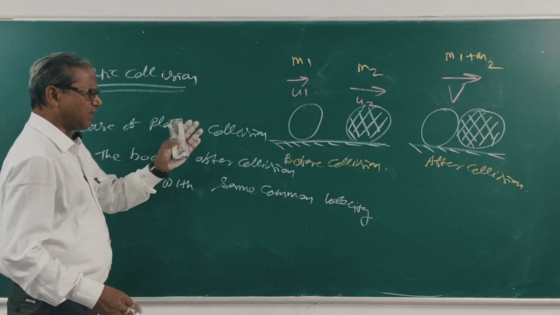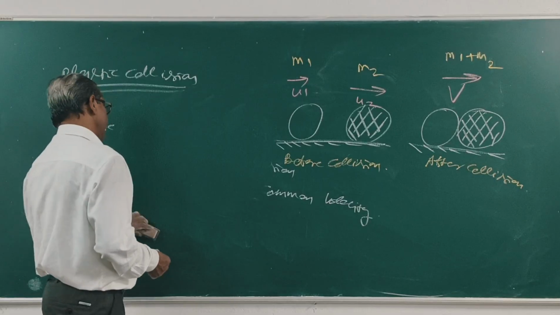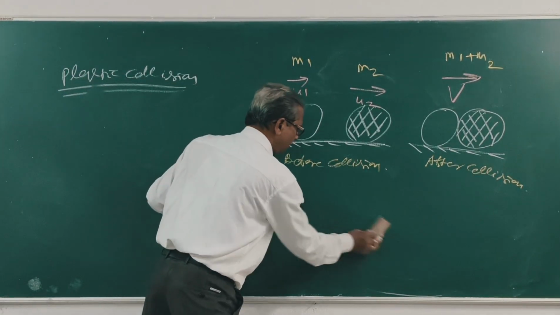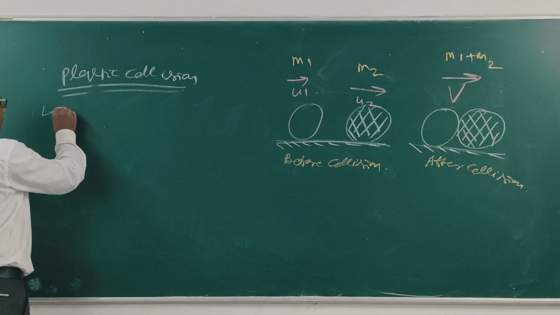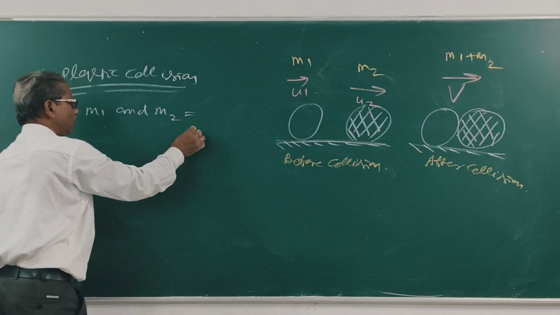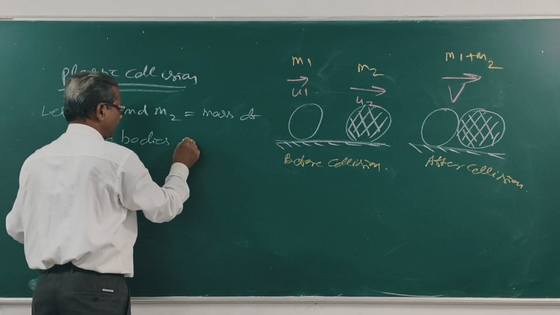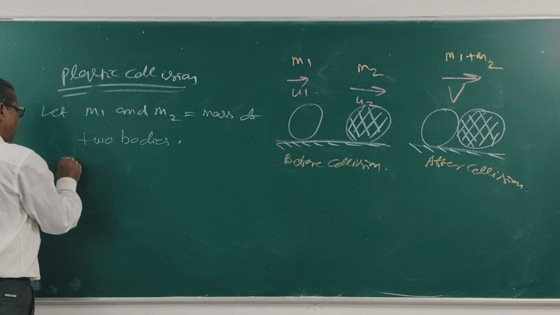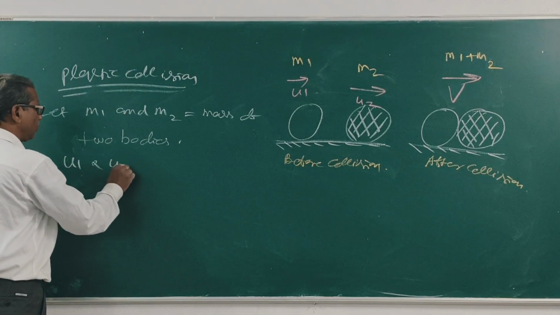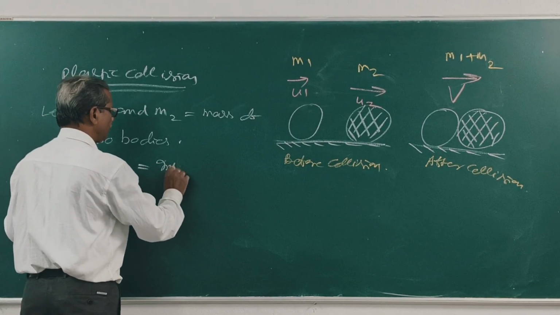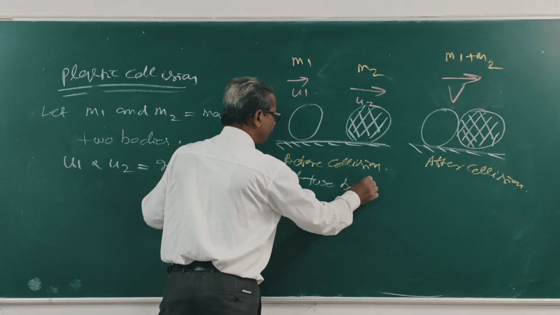Let m1 and m2 be the masses of the two bodies before collision, and u1 and u2 the initial velocities of the two bodies before collision.